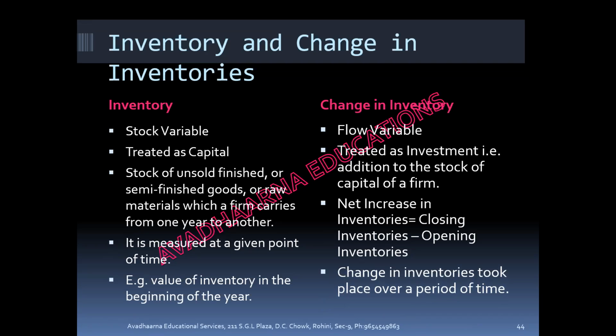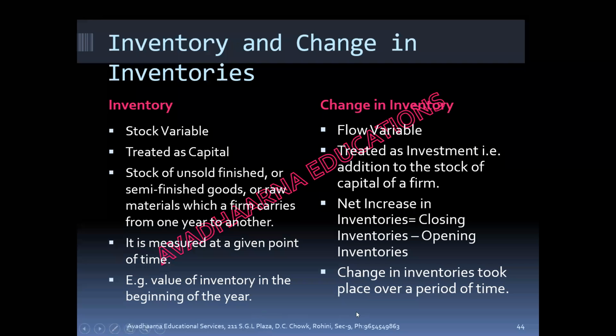And change in inventory takes place over a period of time. बेटा inventory जो change होती है, जो difference आता है stock में, it is taking place over a period of time. That is why we say that change in inventory is a flow variable. And we calculate change in inventory by subtracting opening inventory from the closing inventory.